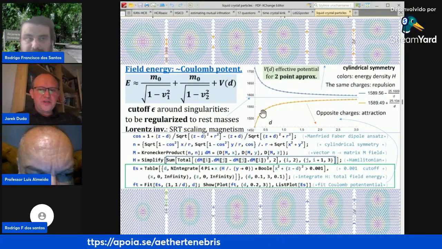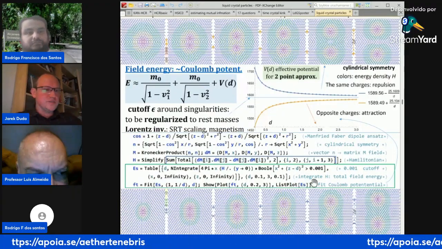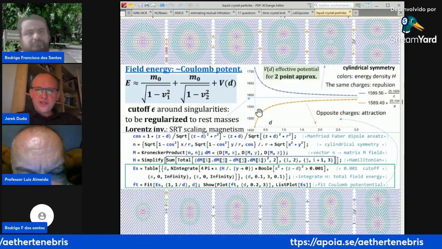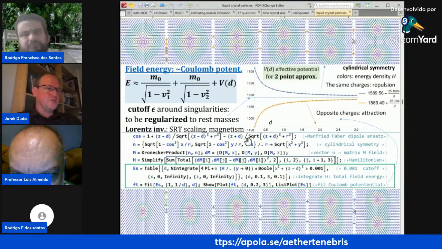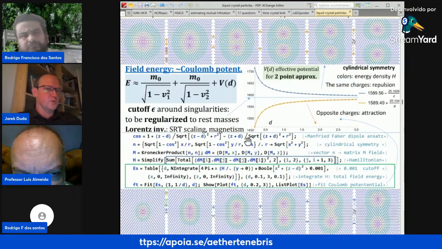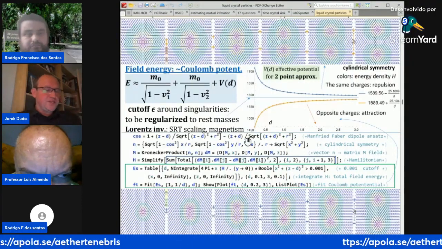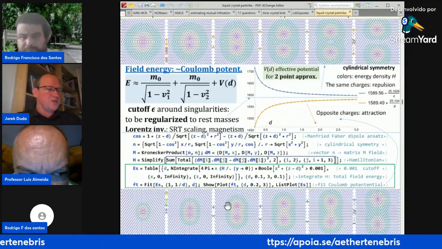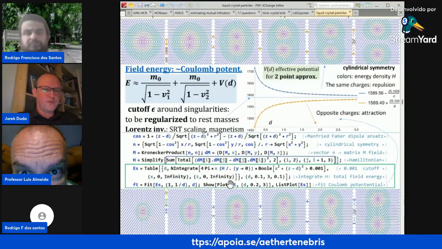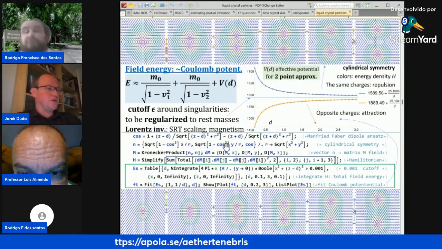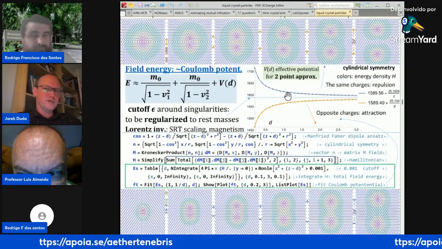These are the dots, calculated with Mathematica. And we get the dots, and the line is fitted 1 over R, so the Coulomb potential. So we just derived that indeed, by calculating energy through integration of the Hamiltonian, we get effective Coulomb interaction between these topological charges.